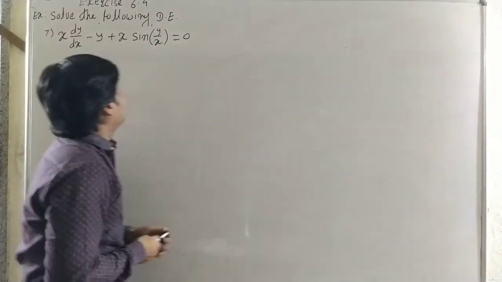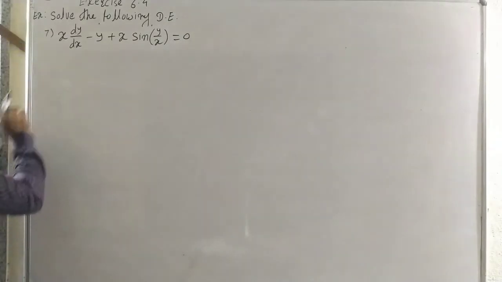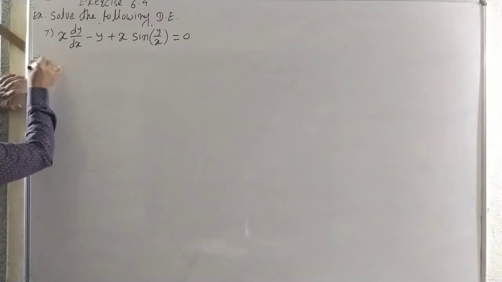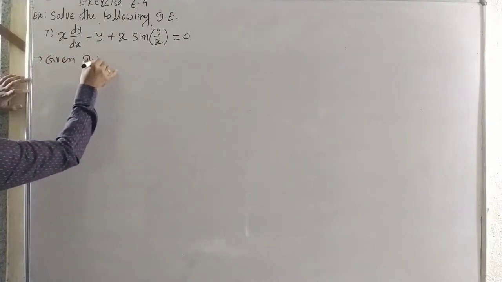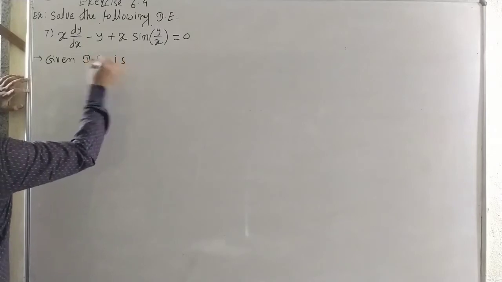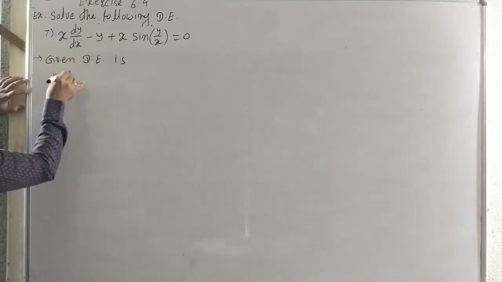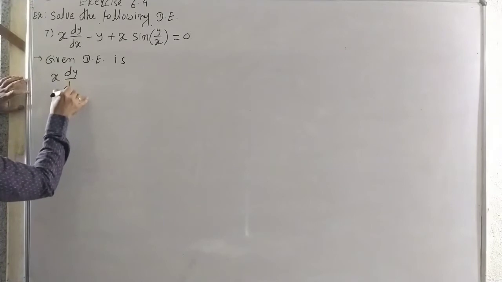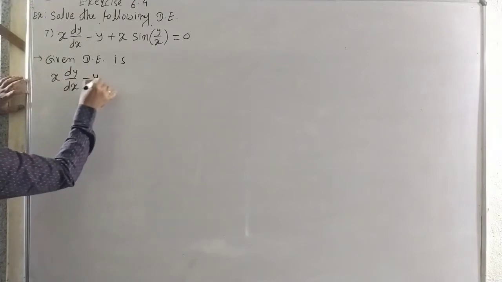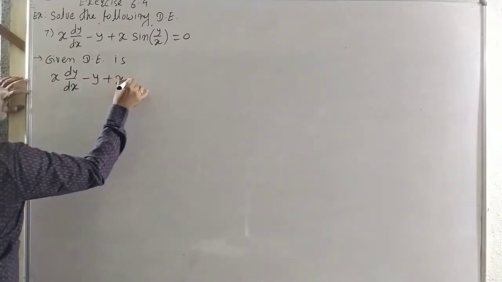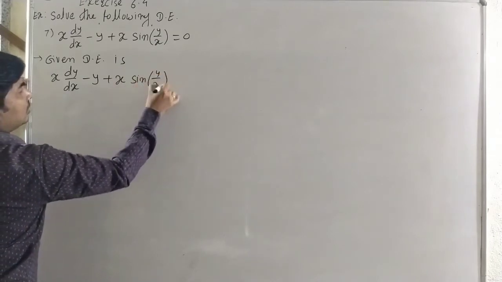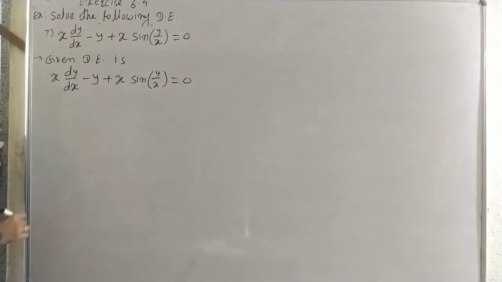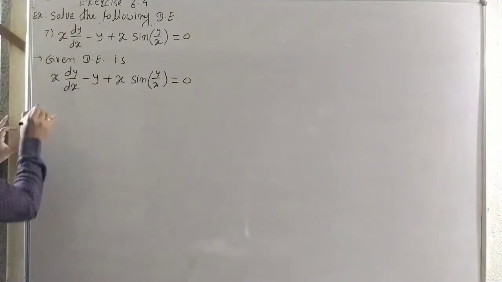Now the given differential equation is x dy by dx minus y plus x into sin of y by x is equal to 0. Now this differential equation we can write in the form of dy by dx.